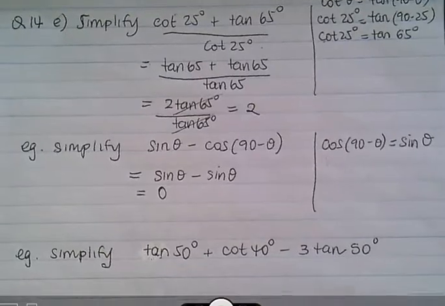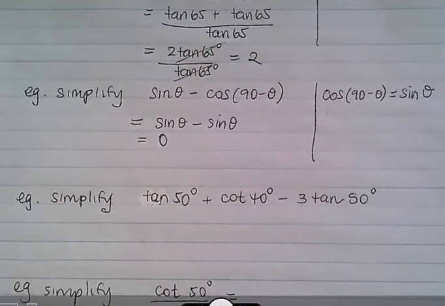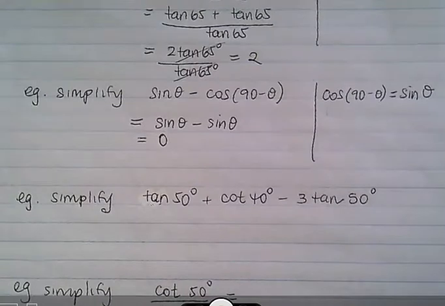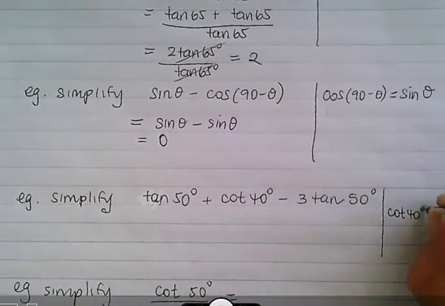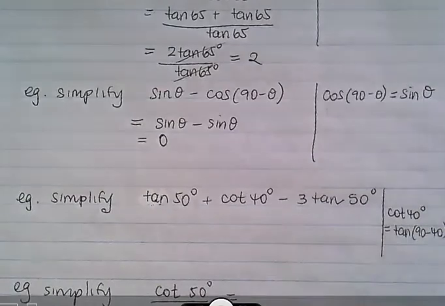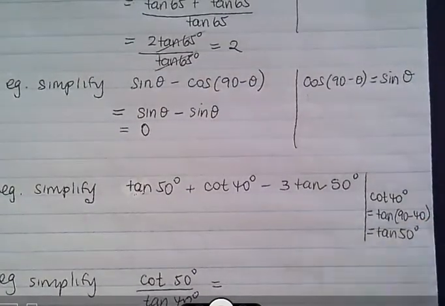Okay, the next one, you can change either one here. I like to keep the tan and change the cot, because we're all used to working with sine, cos, and tan. So what does cot 40 equal? It equals tan 50. It's the tan of 90 minus 40, but it's just easier to know that 40 and 50 make 90.